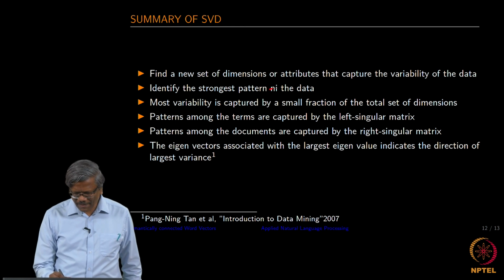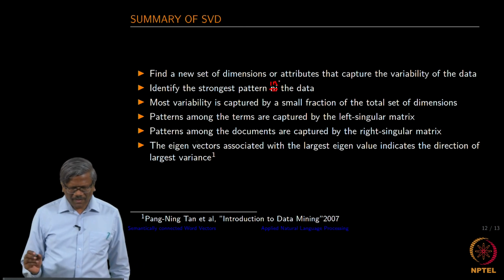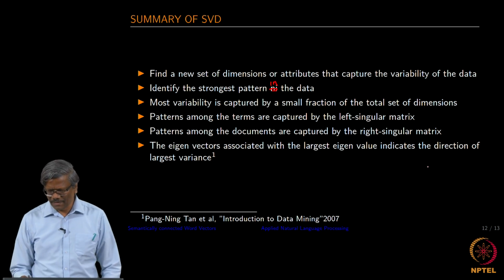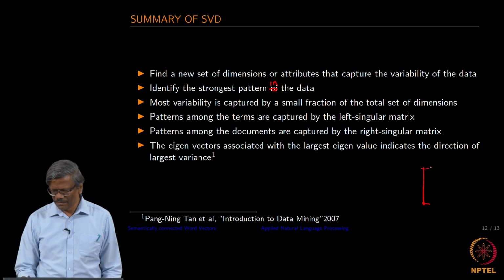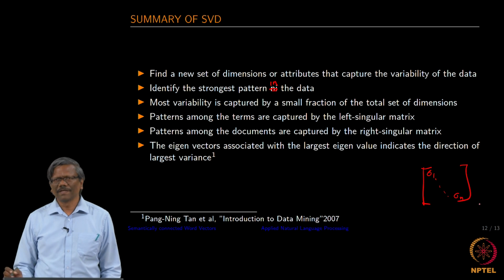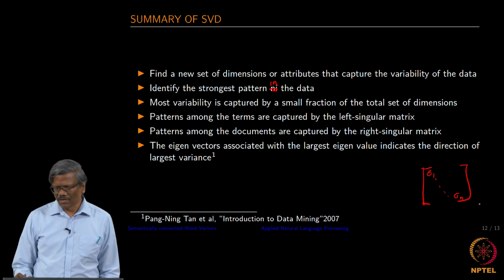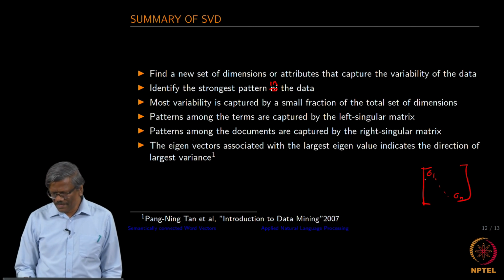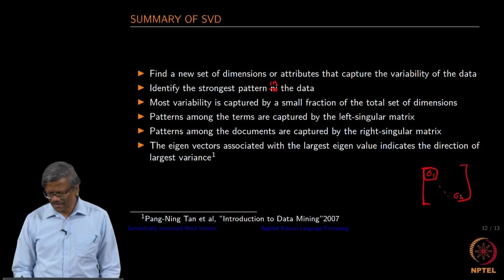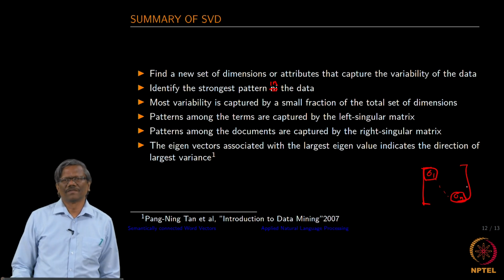So we want to identify this strong pattern in the data. That's the idea, right? So if you look at the eigenvalues, we know that they are in descending order with respect to the magnitude, correct? So this contributes the maximum, and this contributes the lowest.